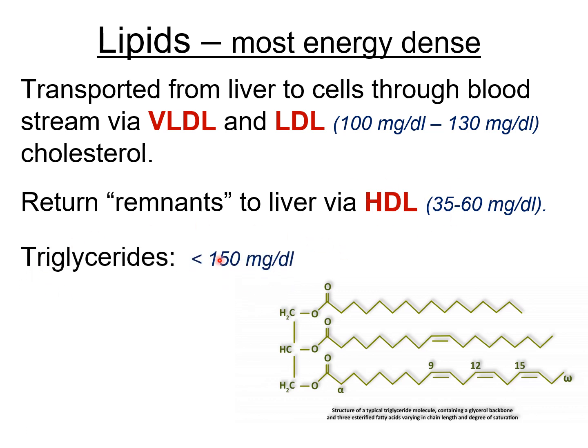And so triglycerides, that's what this molecule is right here. These numbers, by the way, represent the normal value that we should see in the blood. 100 to 130 milligrams per deciliter of these guys, 35 to 60 of these guys, and then about less than 150 here. If you've got elevated triglycerides, you'd be above 150.